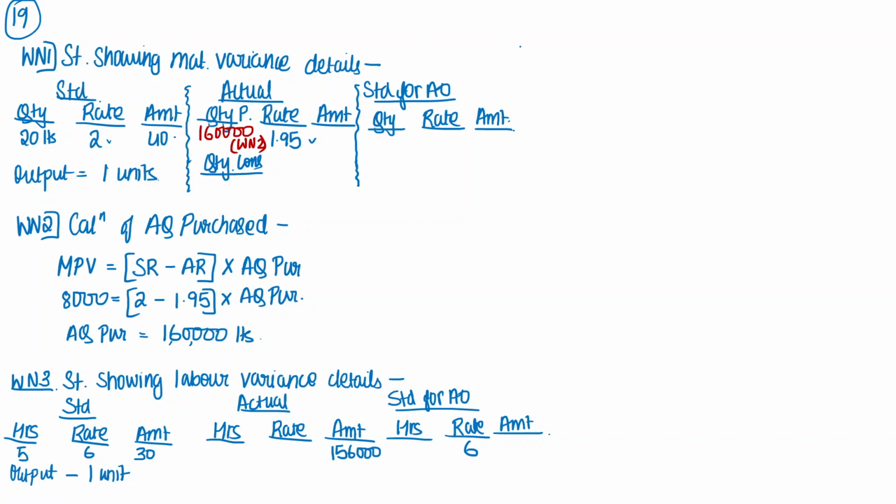Now, going to working note 4. Let's see what we will get. Use any one detail. Labor rate variance. Standard rate, we have it. Actual rate, we don't have. Into actual hours. We don't have two details. But we have the actual hours into actual rate, that is 1,56,000. So we'll use that.